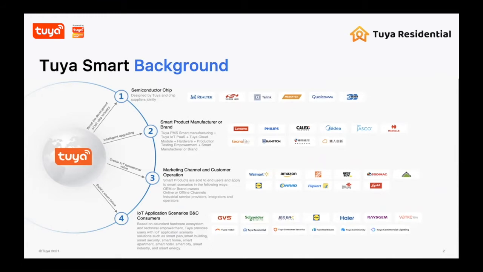For example, brands can integrate their products into Tuya Smart's ecosystem and gain the capability to interconnect products from a different brand. Through Tuya's IoT platform, Siemens has successfully connected its air quality detector with air conditioners and air purifiers, all from other brands, making it a control hub for household air quality management. So that's the background about Tuya.